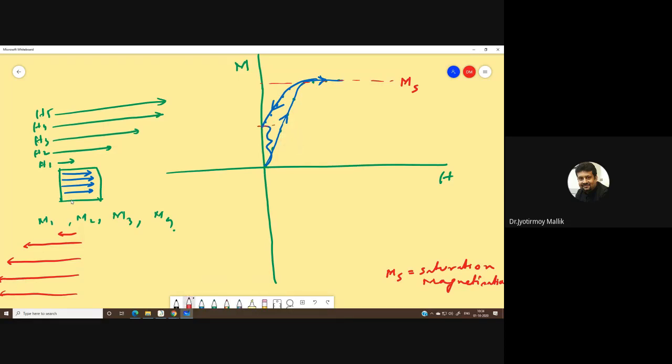This value is what we call IRM, or MRS, the same thing, and that refers to isothermal remanent magnetization.